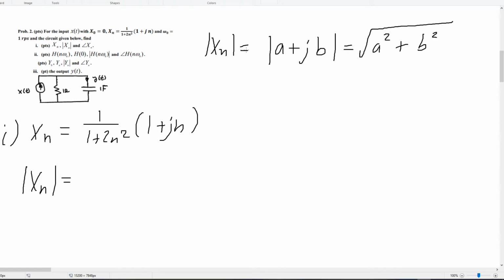So let's take a look at this problem. One thing that I'll do is I'll actually distribute this to the top part, just so that it's easier to visualize. So 1 plus jn and 1 plus 2n squared. So we're actually going to be taking the absolute value of two parts: the absolute value of the top part, the numerator, and the denominator.